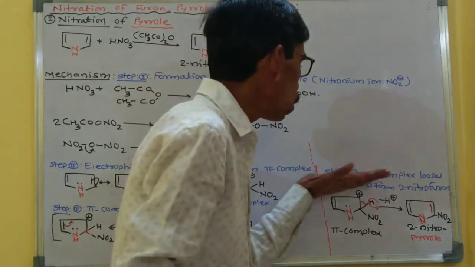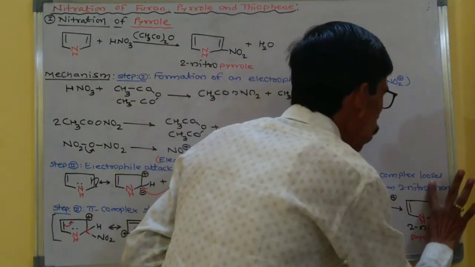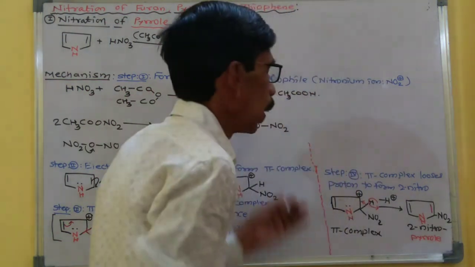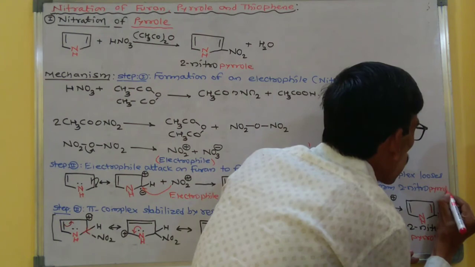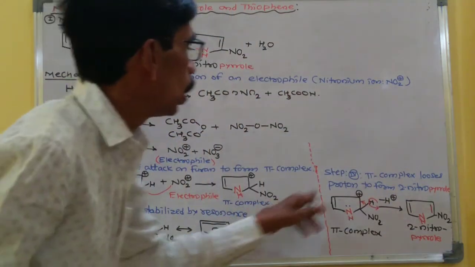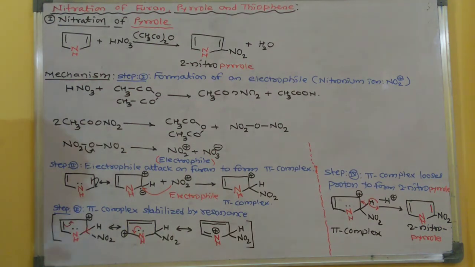And the fourth step is the pi complex losing a proton to form 2-nitropyrrole. So this is the formation of 2-nitropyrrole. All the steps in the mechanism are the same, and the reaction is also the same for the nitration of pyrrole as in furan.